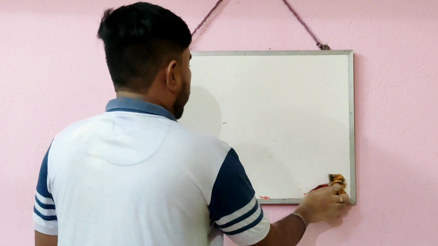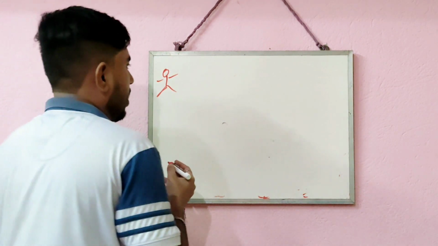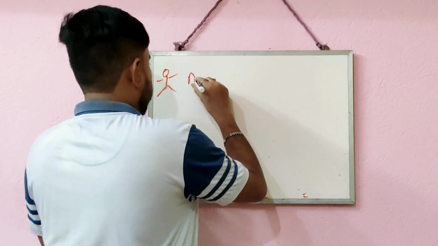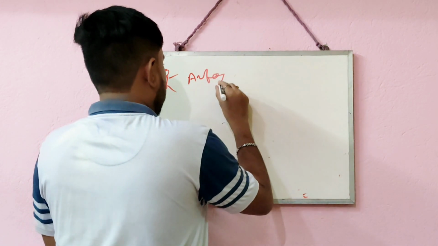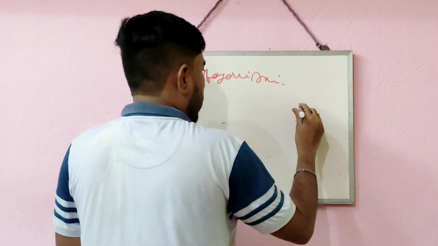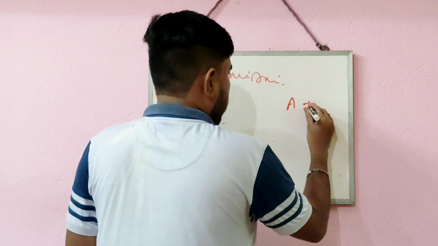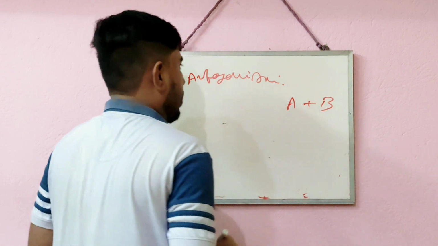The second type of effect or combined effect that can be shown by both drug A and B is antagonism. Here also one patient is taking drugs A and B combined together.